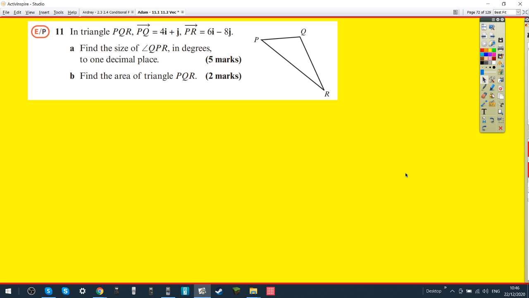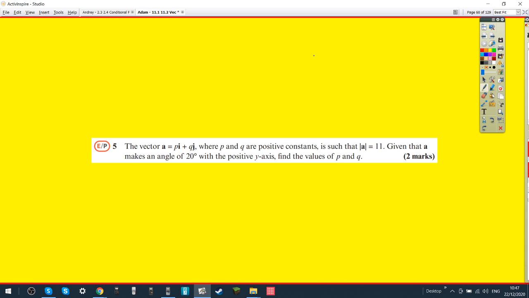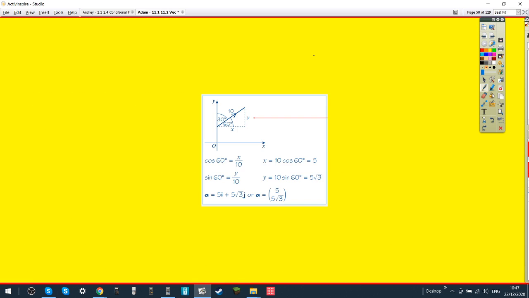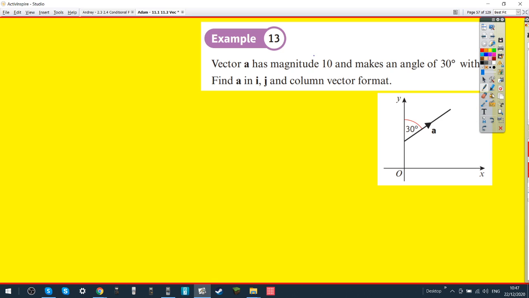Q to P. Let's take a look at this one. No, they're just mixing the action straight away. Okay, how about this one?